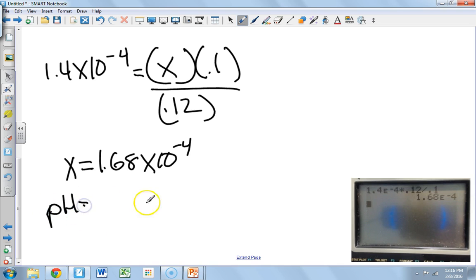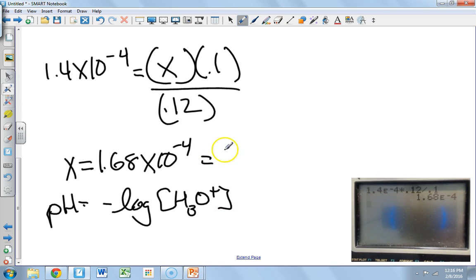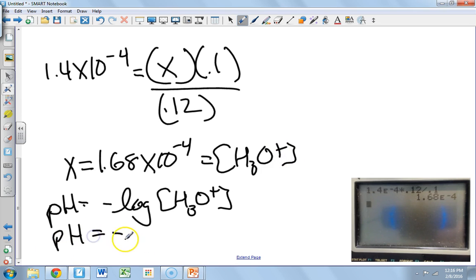pH equals the negative log of the concentration of the hydronium ion, which in this case is x. So pH equals negative log of 1.68 times 10 to the minus 4.